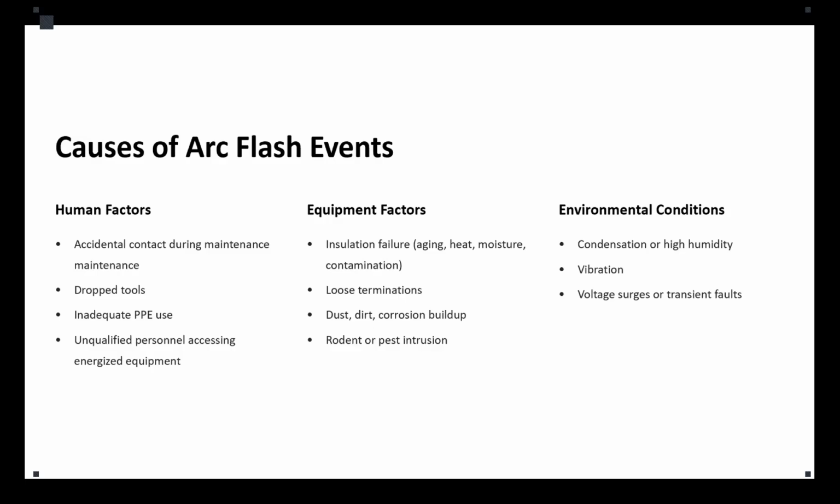They may not follow lockout/tagout procedures or understand the system's arc flash labels. This means human error is often the weakest link in the safety chain, but it's actually the easiest factor that we could fix.